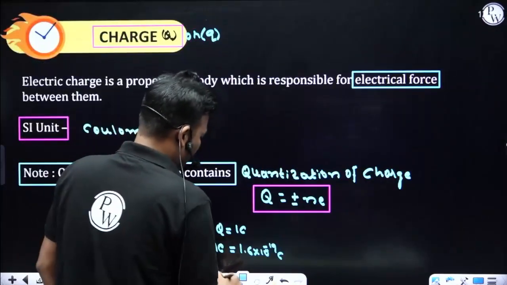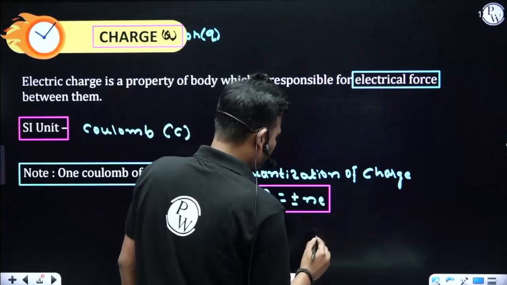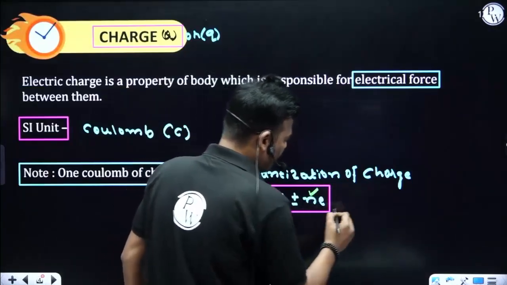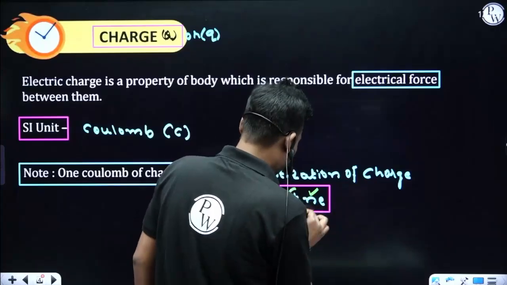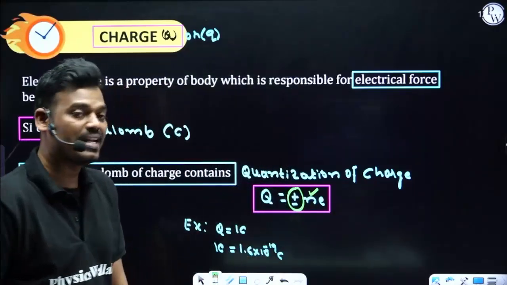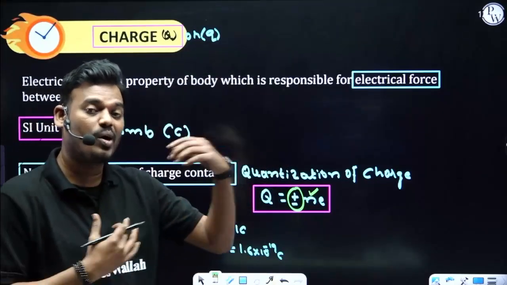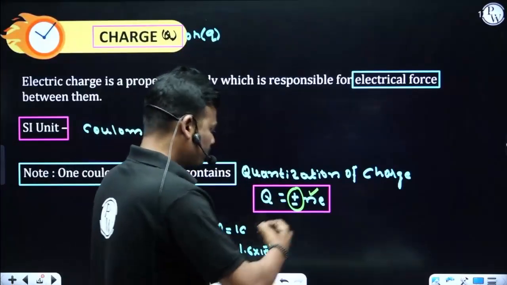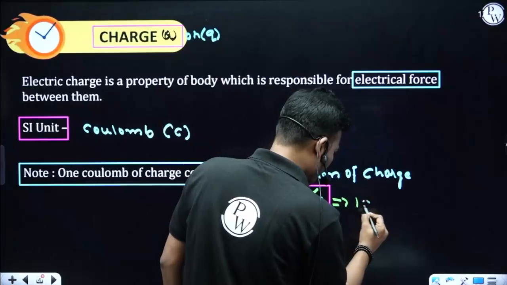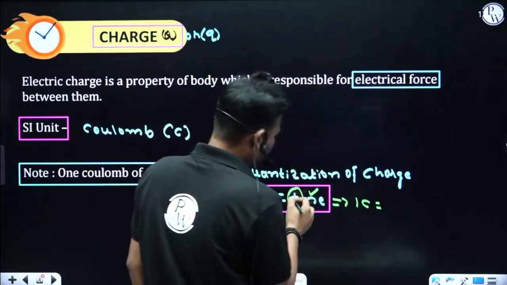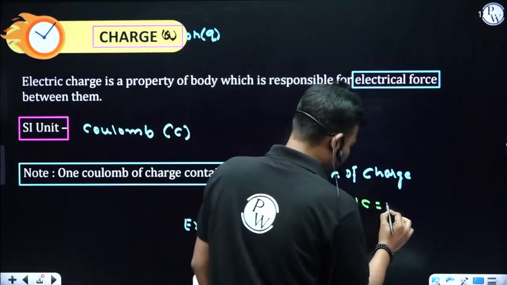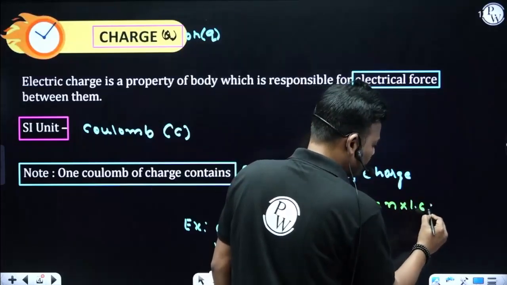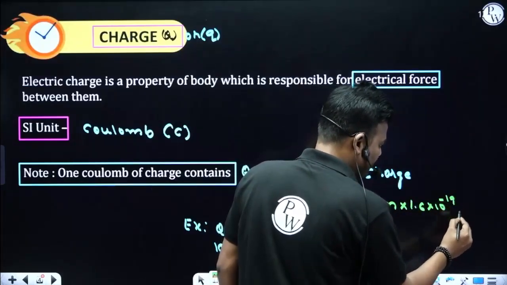Now, after substituting and solving the equation, you need the n value, the number of electrons. Plus or minus indicates the nature of the body, whether it is positively or negatively charged. So here 1 coulomb equals n times e, ignoring the plus and minus sign. You need to calculate n, and the e value is 1.6 into 10 power minus 19 coulomb.